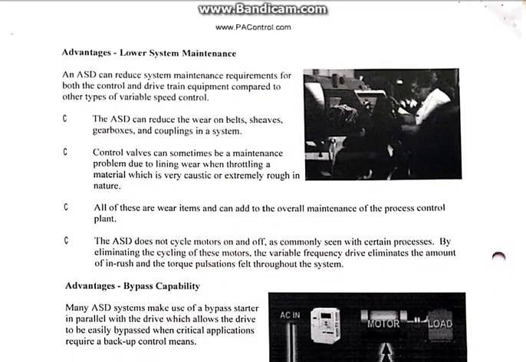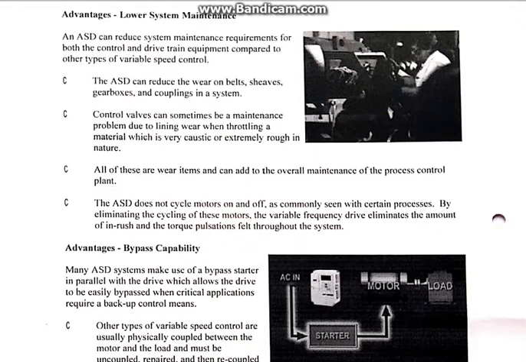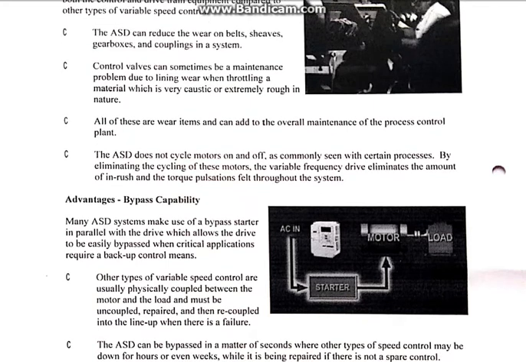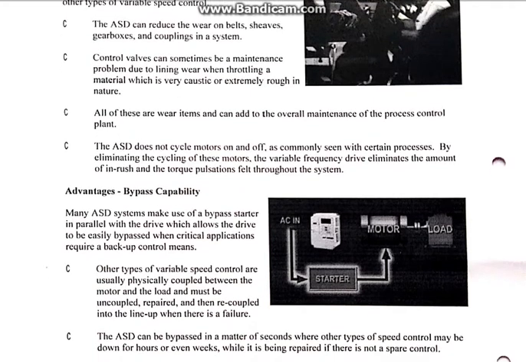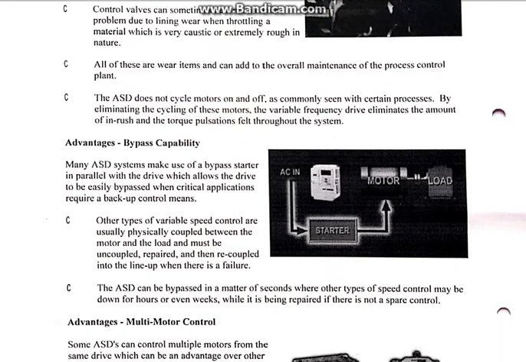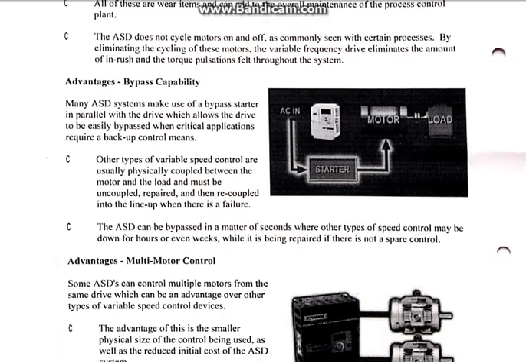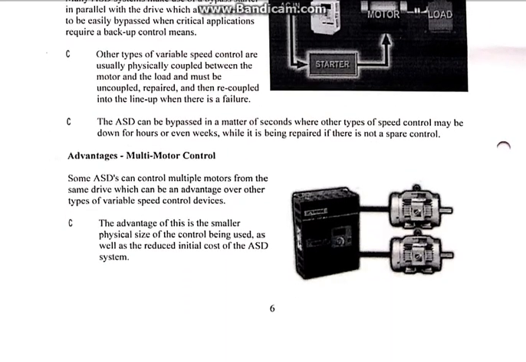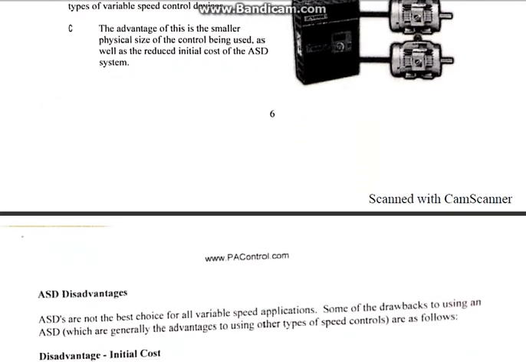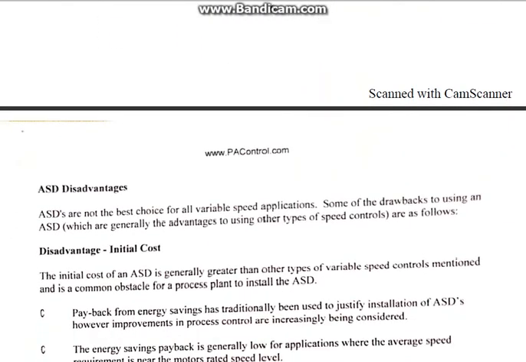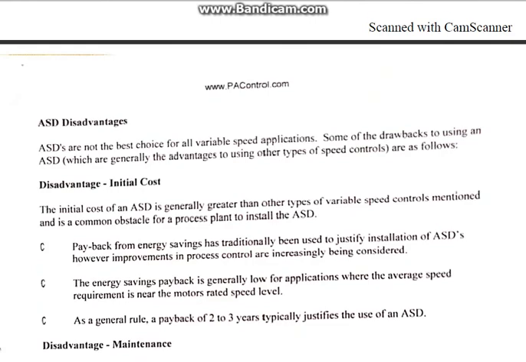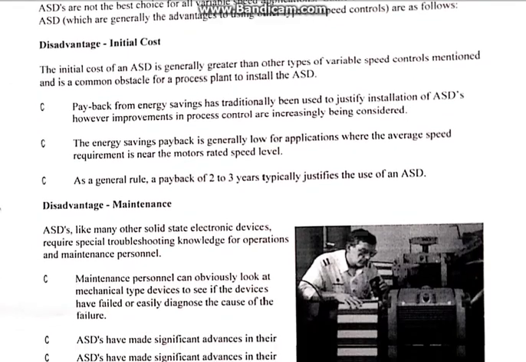All these are given in detail over here. You can read it carefully and let us see what is present in that. Then bypass capability, then multi-motor control systems present in the ASDs. Also the disadvantages are explained in detail over here.